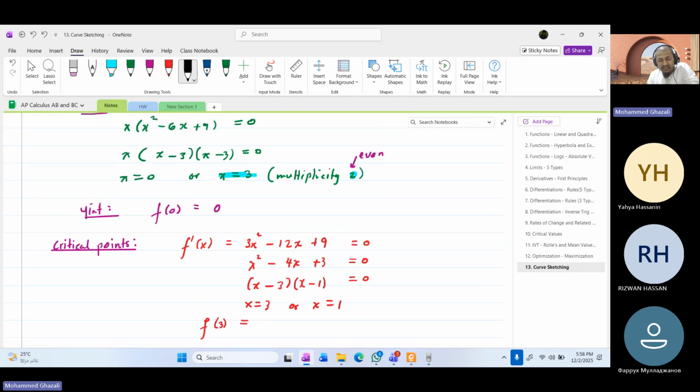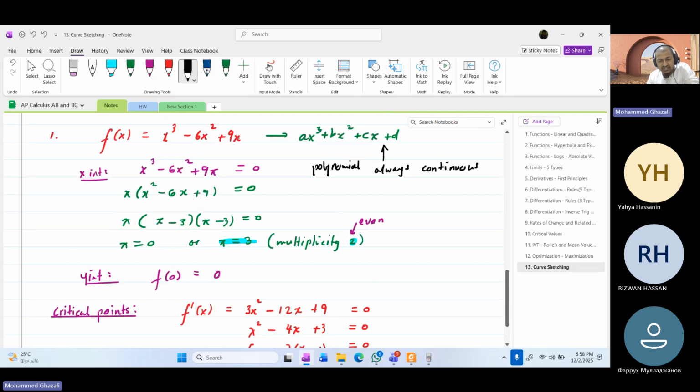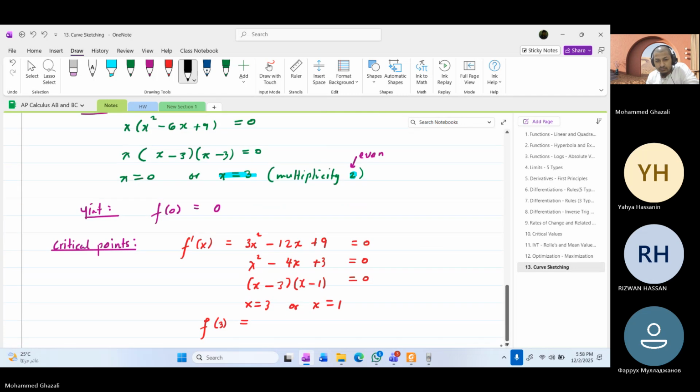Right, so now f of 3. If I substitute 3 inside this function, it will give me 0 because remember x equals 3 was my x-intercept. And if you substitute 1, you will get an alternative turning point.